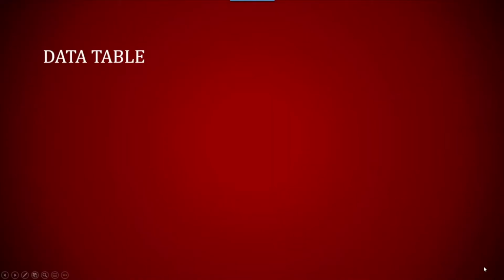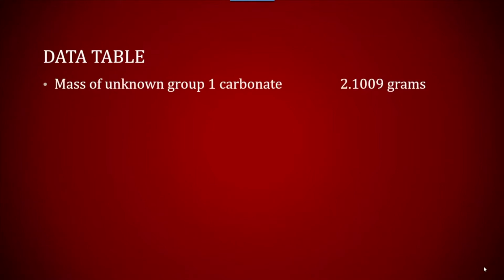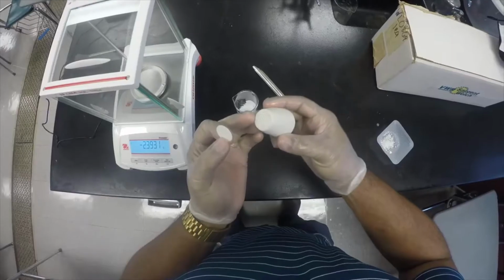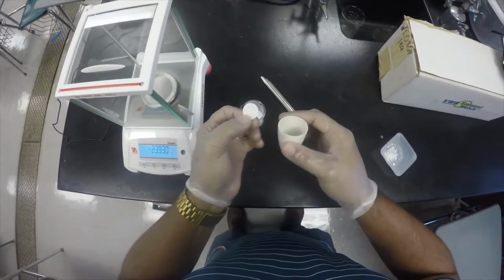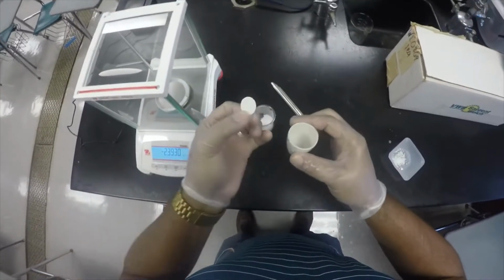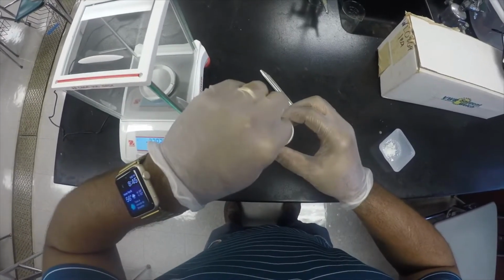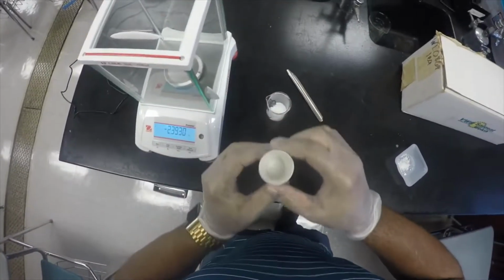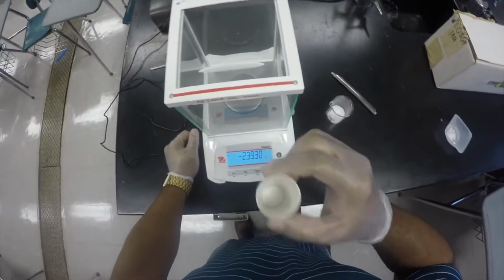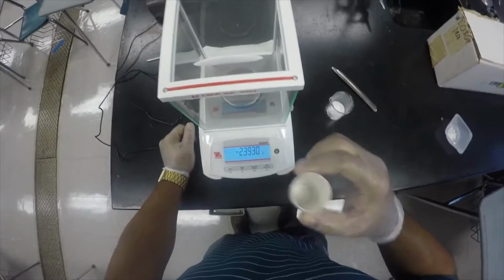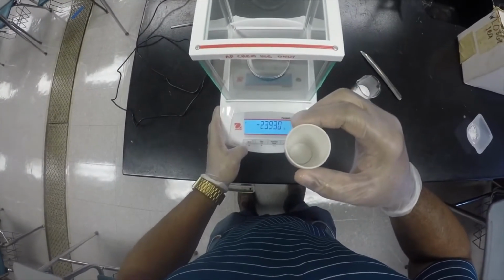Okay, so that will be the mass of the group 1 carbonate, which you should note in your data table. The next thing we're going to do is measure the mass of the Gooch crucible and the filter paper. The filter paper I mentioned before, you can see that is very small, fits inside the Gooch crucible. I'm going to place that inside, and I'm going to measure the mass of the filter paper and the Gooch crucible together. You'll see why this is necessary as the lab proceeds.